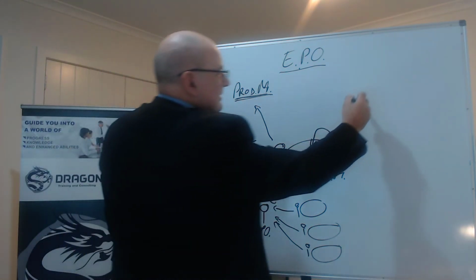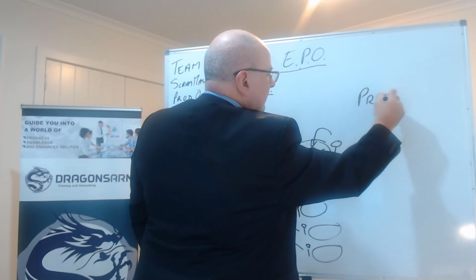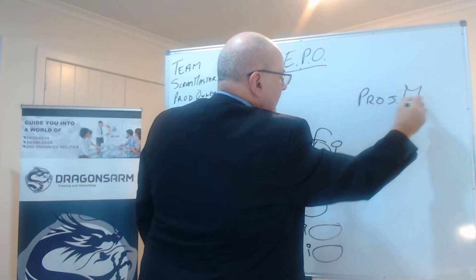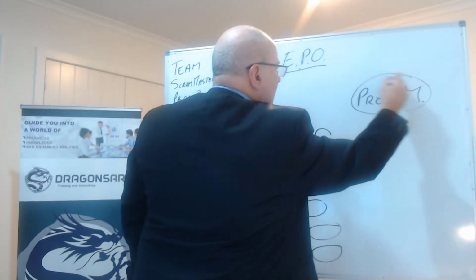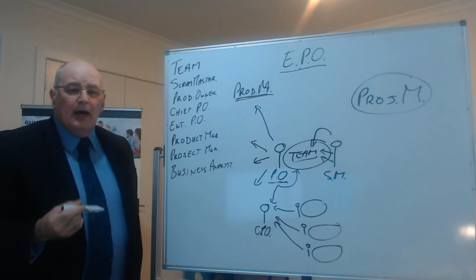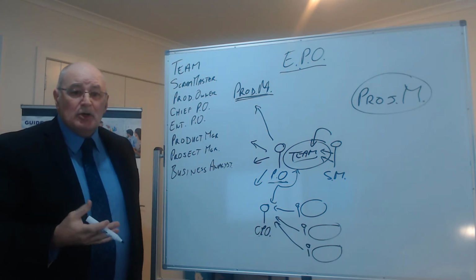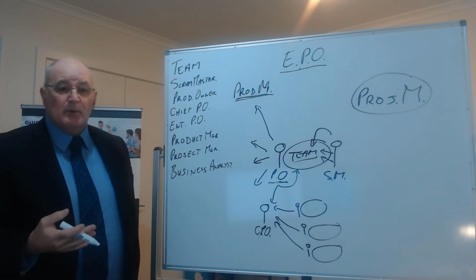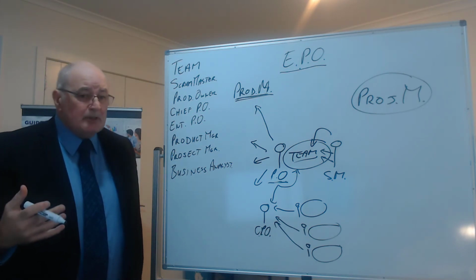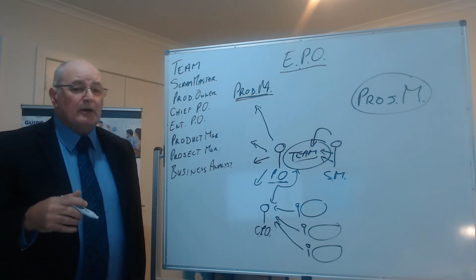Then you get a project manager. Now, a project manager is different again. They're looking at understanding and ensuring a project is delivered in the correct way that is wanted by the organisation. He or she gets direction from the project office.